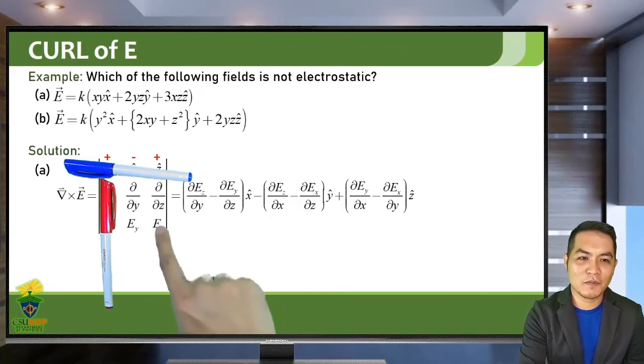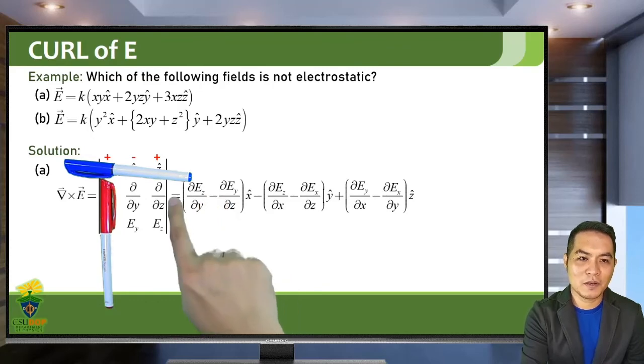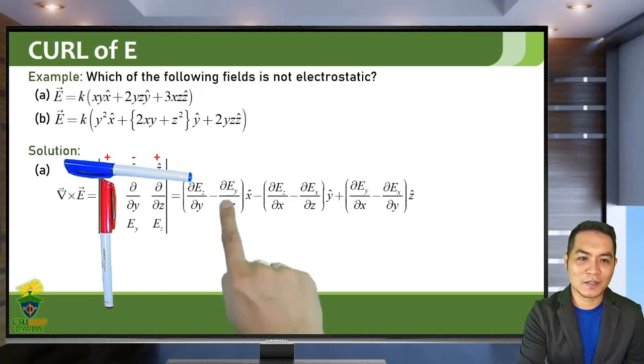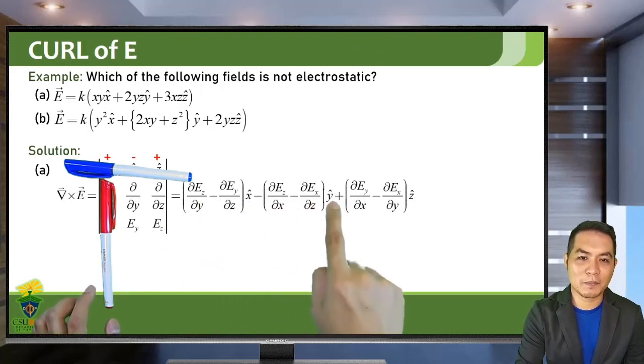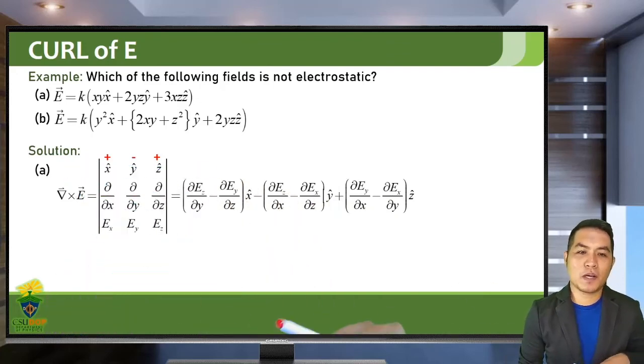So partial of EZ with respect to y, minus partial of EY with respect to z. That's the x hat component. Then you have the negative y hat component and the positive z hat, and you do the same. Okay, let's check this one by one.